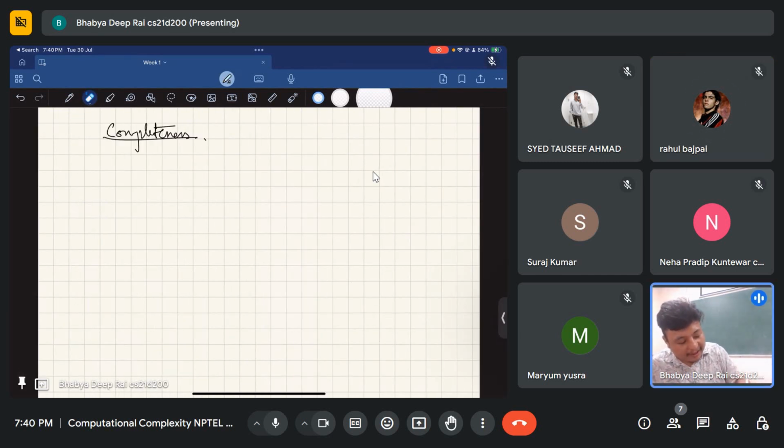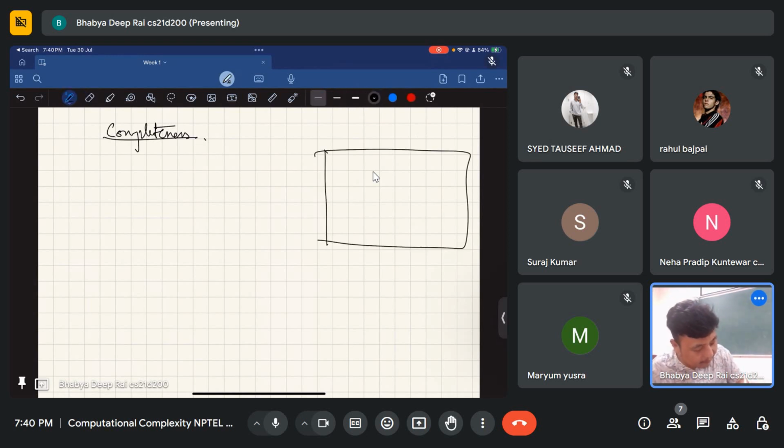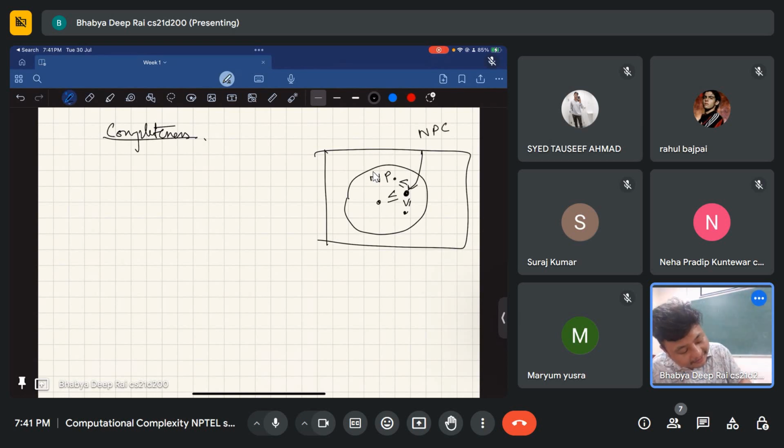So if I have the set NP, I want to come up with a candidate such that this is harder than possibly everything else, at least as hard as everything else. And this is what is called an NP complete language.